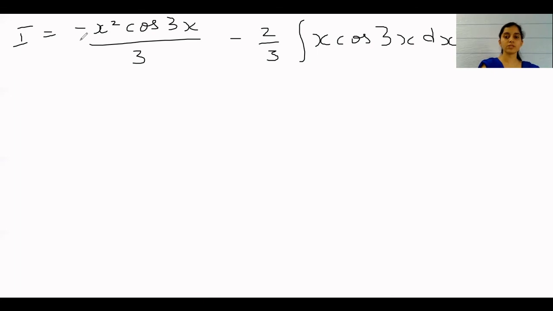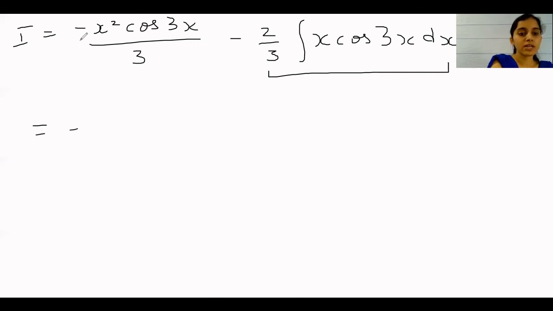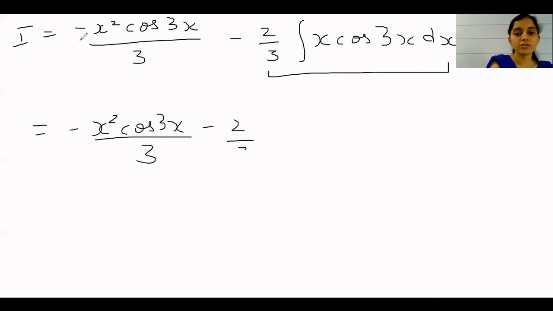Again, what will you do? Again, we will use integration by parts for this part of the sum, x cos 3x. The first term remains as it is, minus x square cos 3x upon 3. Use the same formula again, so minus 2 upon 3 integration. Let's use integration by parts over here. So this is u and this is v.